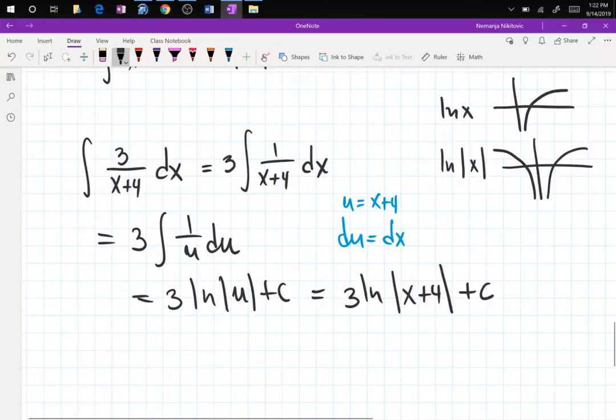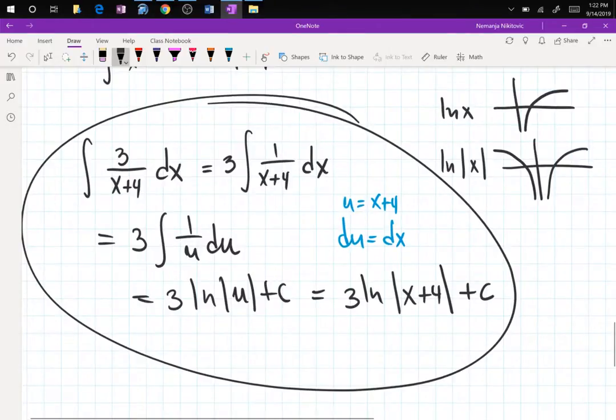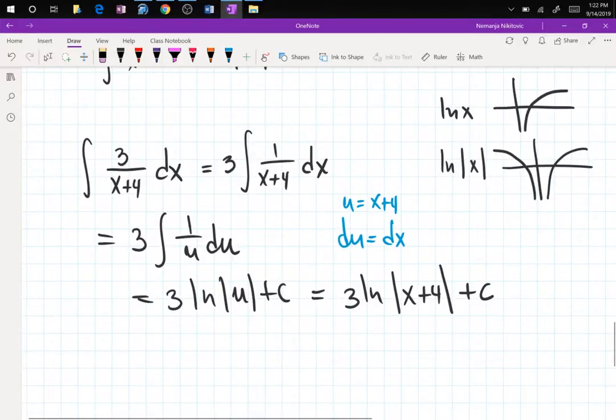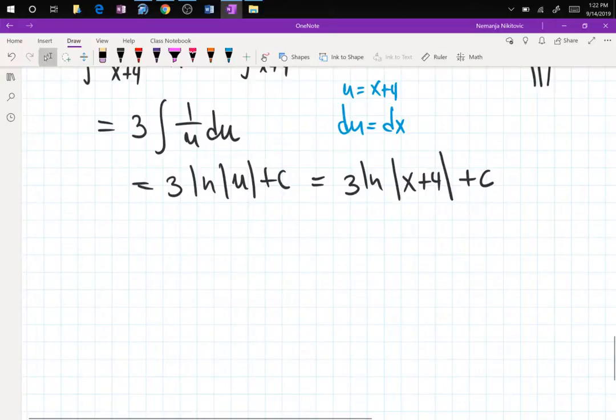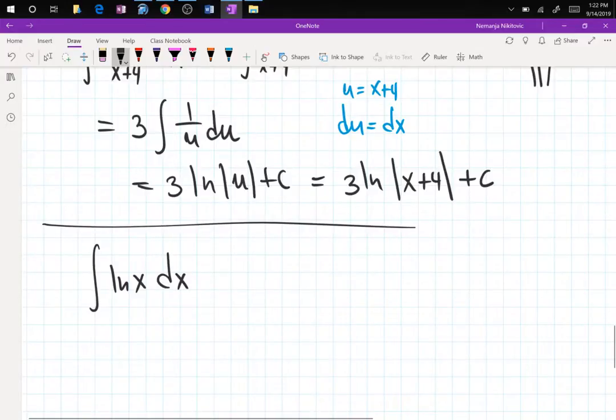So make sure that what you see here is 100% understood, and ask a lot of questions if you are struggling with this stuff. The last thing that I'm going to say, if you are wondering what's happening with the integral of ln x, well, chapter 8. So you have to wait.